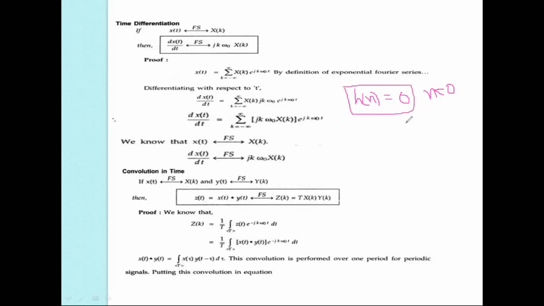When this condition is satisfied, the signal is causal. In the sum of k equal to minus infinity to infinity of x of k, h of n minus k, we can expand this function, with h of n equal to 0 for n less than 0.